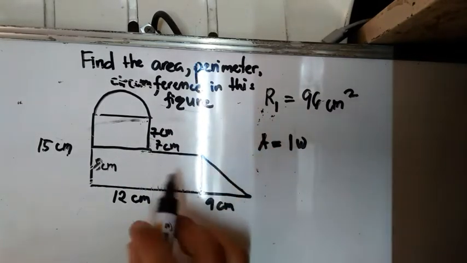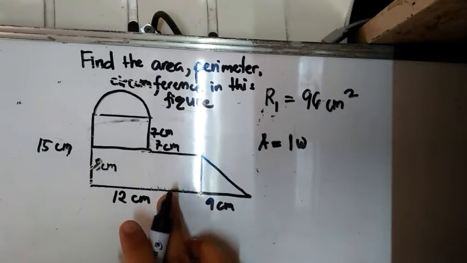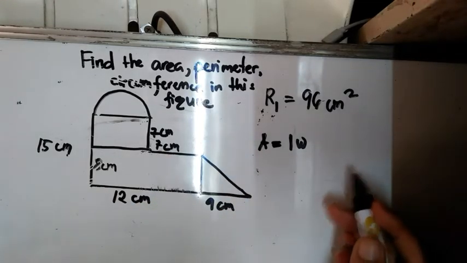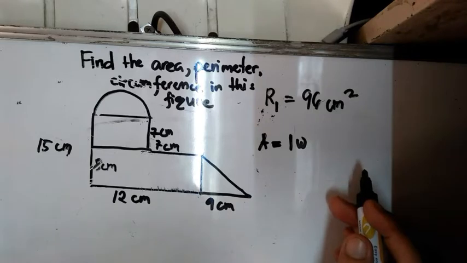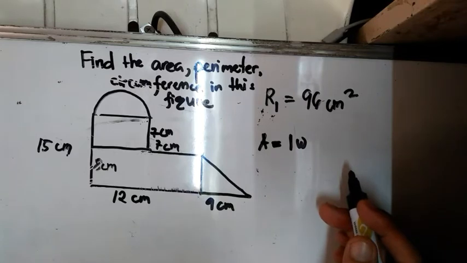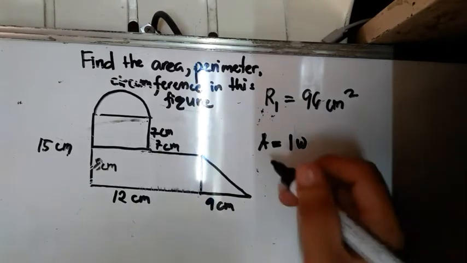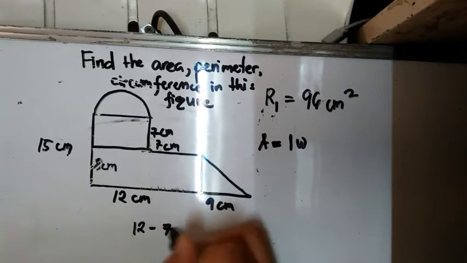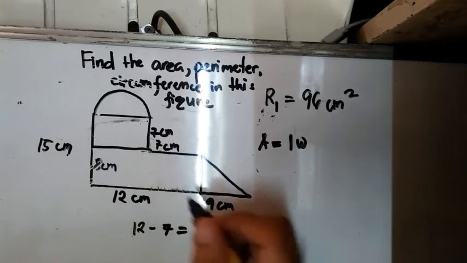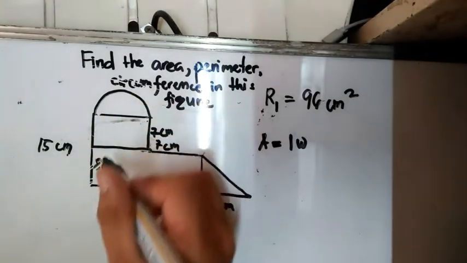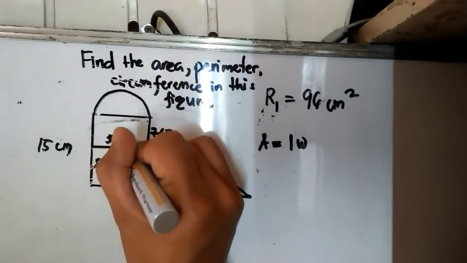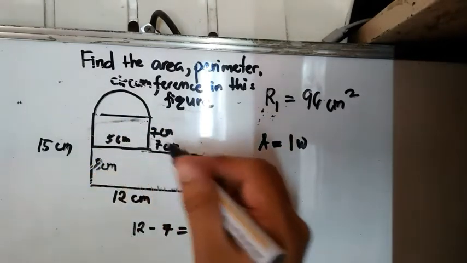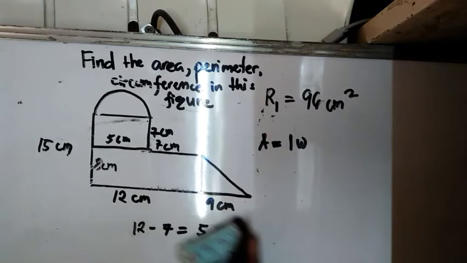Notice that this side is 12 and this side is 7. So this side must be the difference: 12 minus 7 is equal to 5. This is 5. So 5 plus 7 is 12 centimeter.